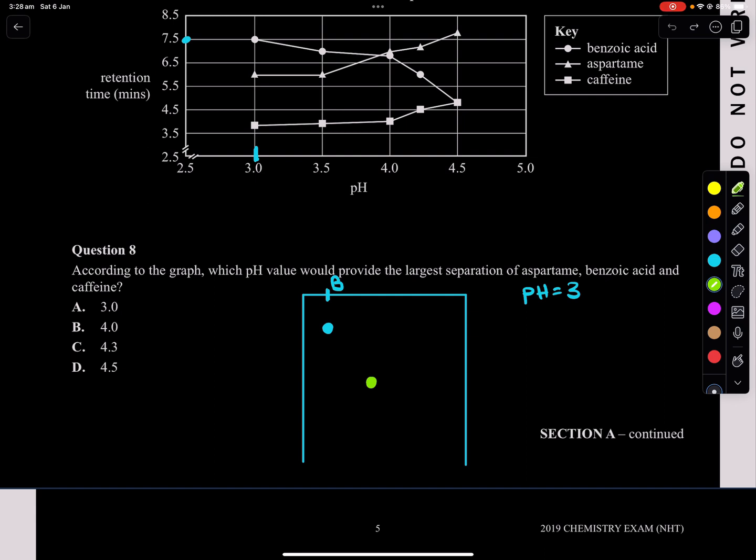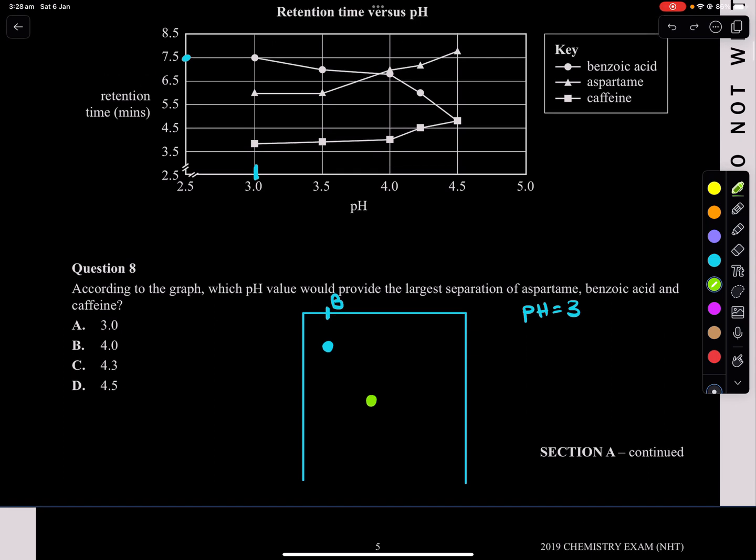In that 3 second mark, aspartame goes quicker than benzoic acid. Then the last one, which is caffeine, goes quickest. In 3 seconds, caffeine will go straight down.